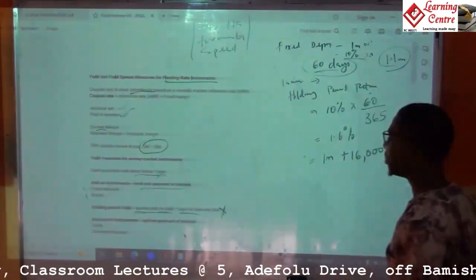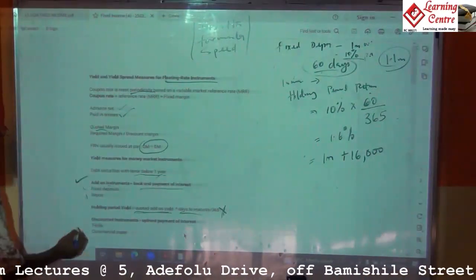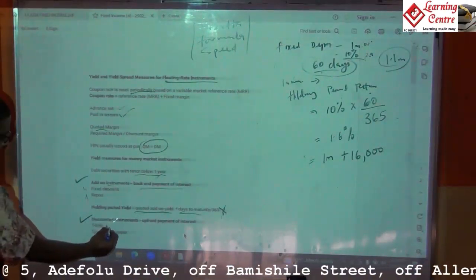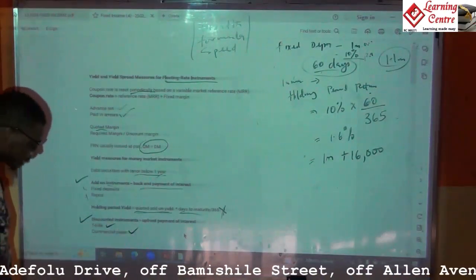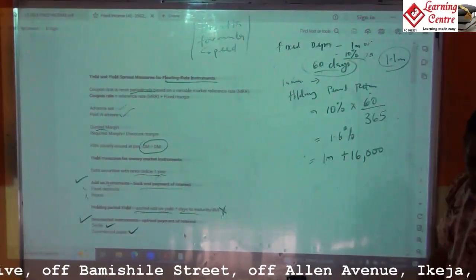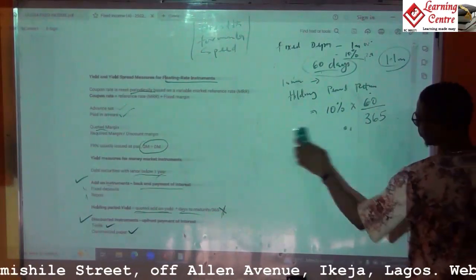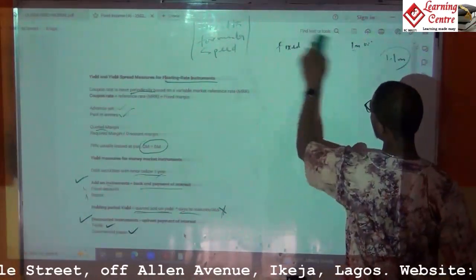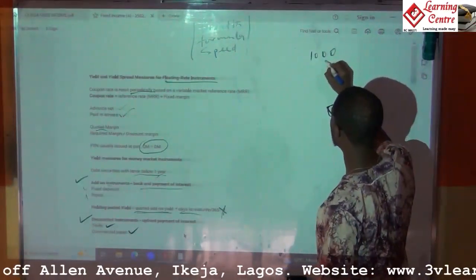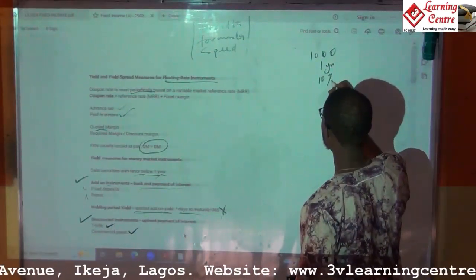The same way we can have add-on instruments on this money market side, we can have discounted instruments. These will be your T-bills and commercial papers. A discounted instrument is saying, I'm going to give you 1,000 for 1 year at 10%.